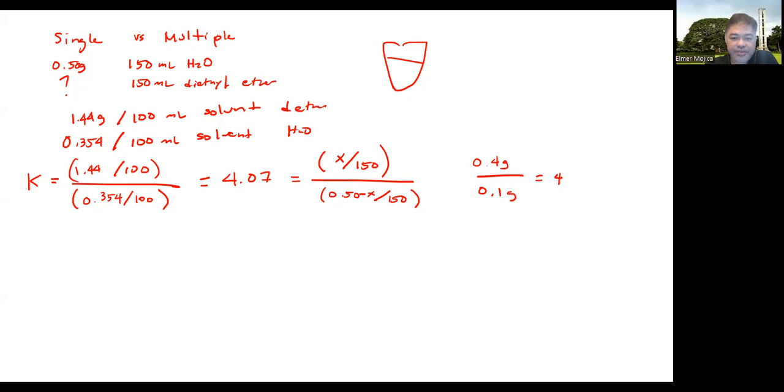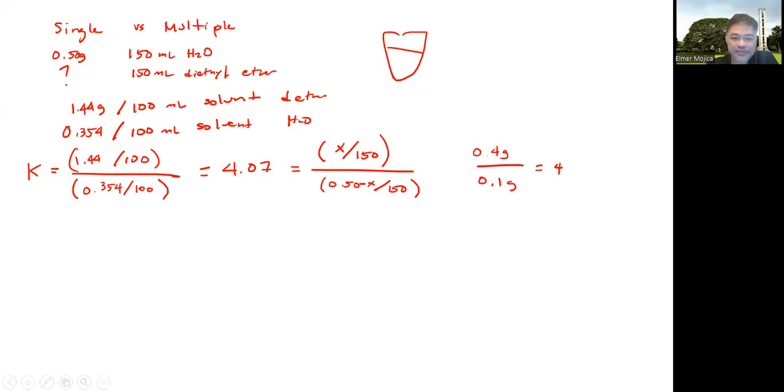So is everyone convinced it's 0.4? How are we going to interpret this? If we have the 0.5 grams in water, when we do the liquid extraction, 0.4 of that will go to the organic layer and 0.1 will remain in the aqueous layer.